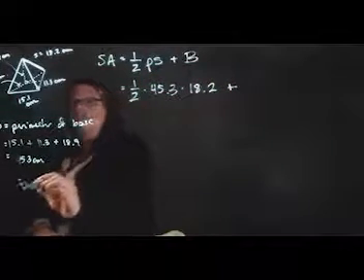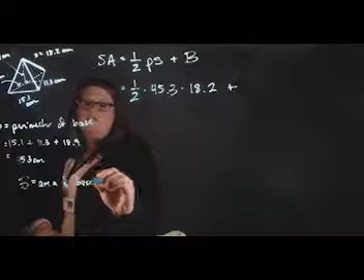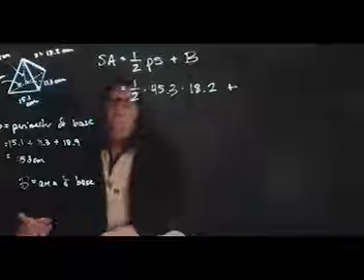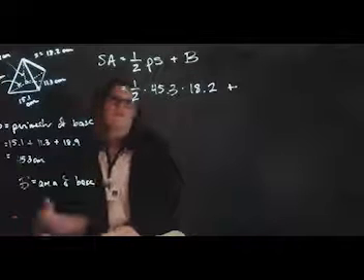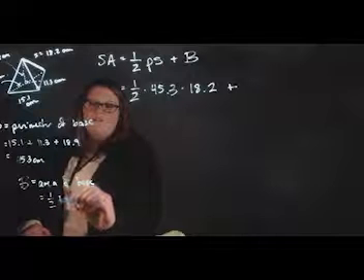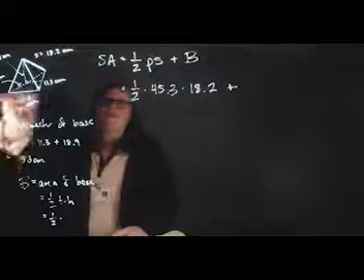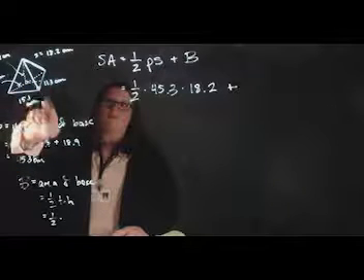So capital B here is the area of the base, and our base of this pyramid is a triangle. So to find the area of a triangle, we know that formula is half times base times height, where our base and height, remember, are perpendicular, so they meet at a right angle.